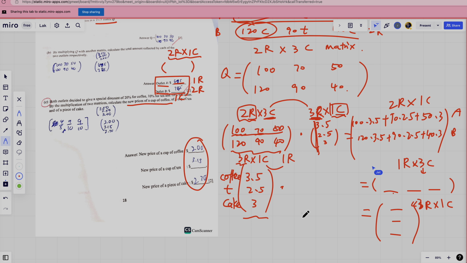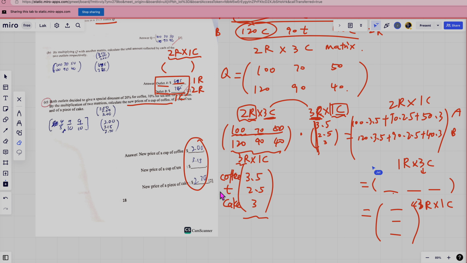Because they must match. Times the 1 column. Does it make sense or not? 1 row, 1 column is this one. Cannot, right? So you cannot put this in front.